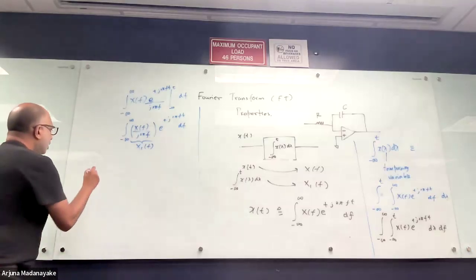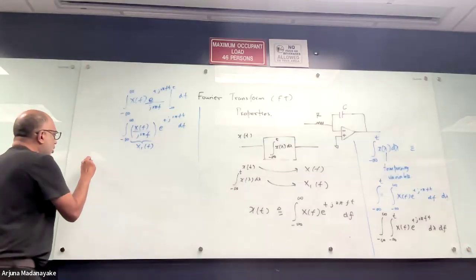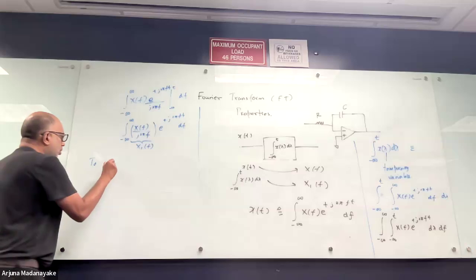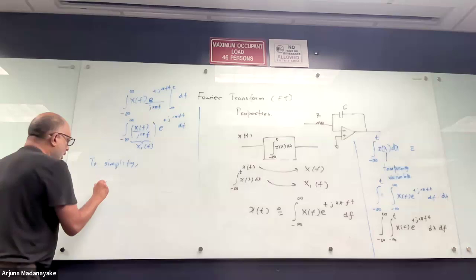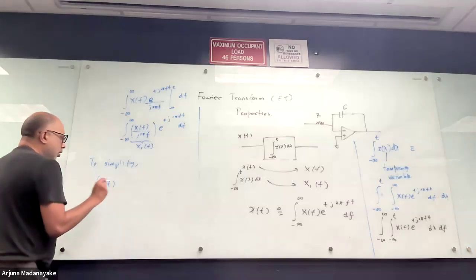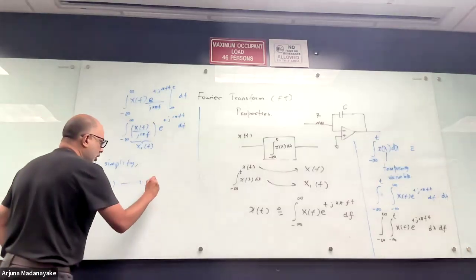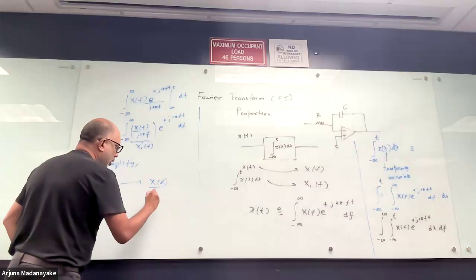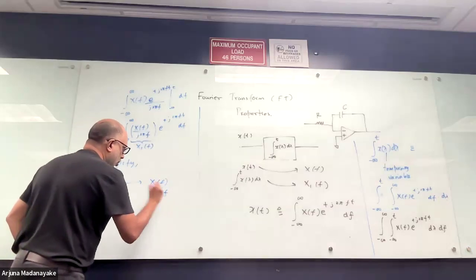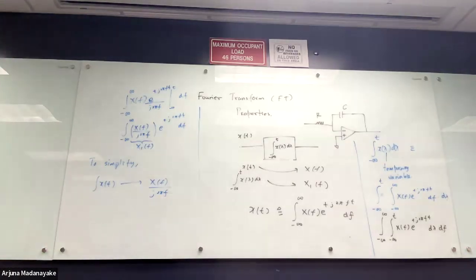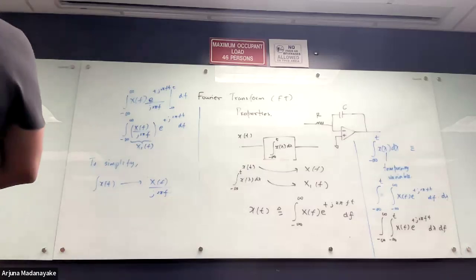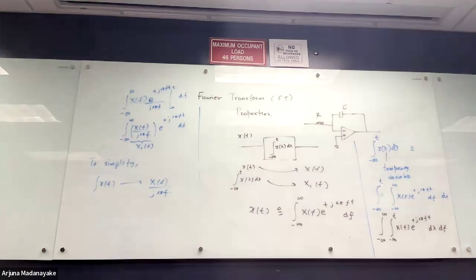So basically what it comes down to is, simplify, we have the integral of x of t as a Fourier transform X of f divided by j2 pi f. It's kind of simplified. There are some other little calculus things there which I have ignored for now. We can come back to that later.